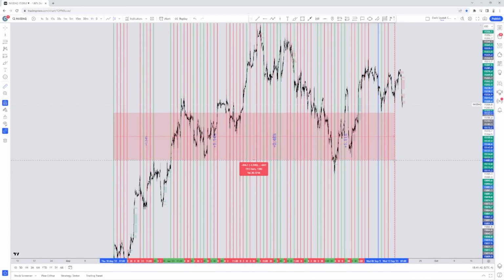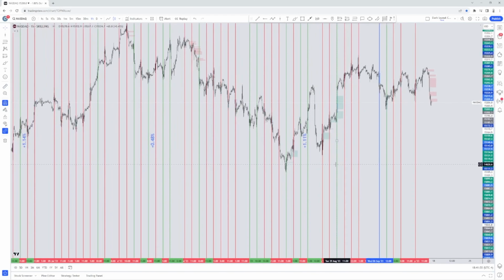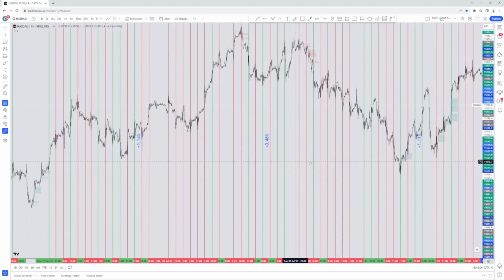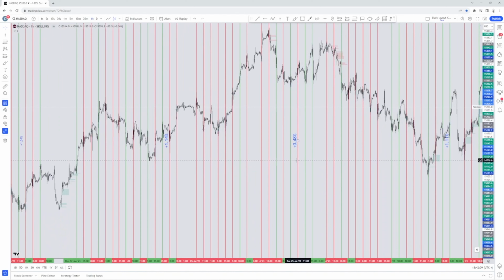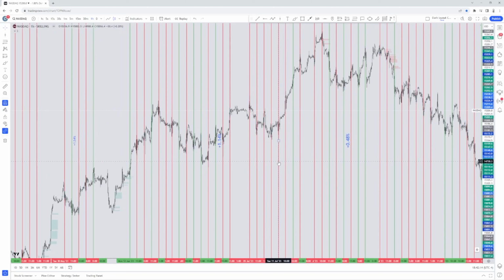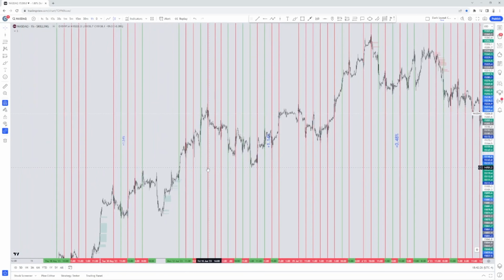This is 4 months. And in 4 months, we had a number of trades, counting up to 59.